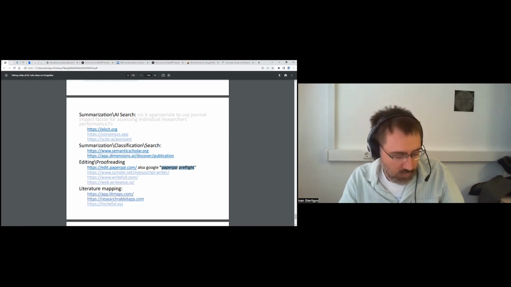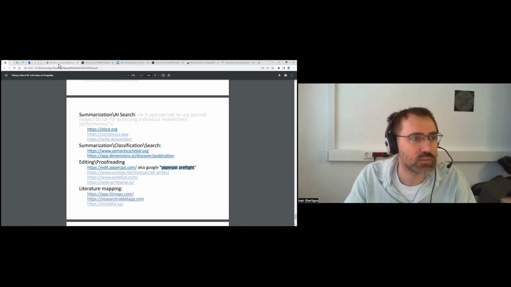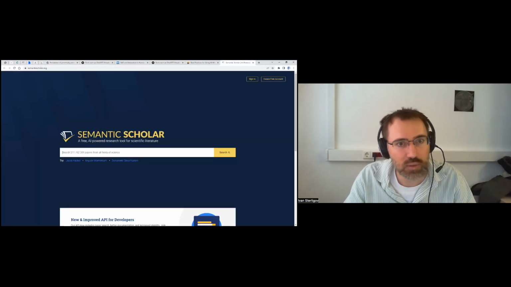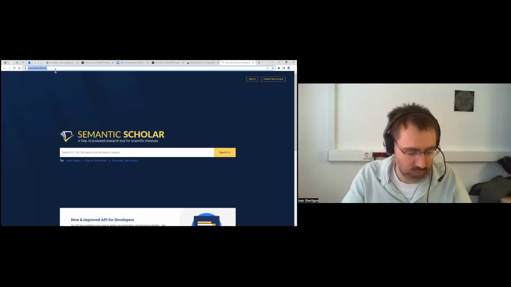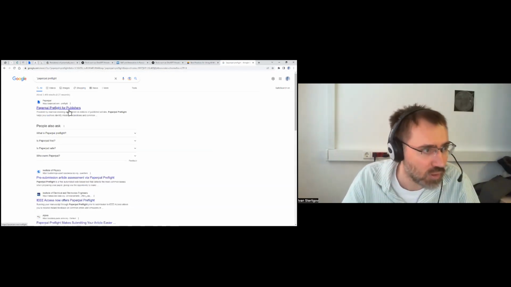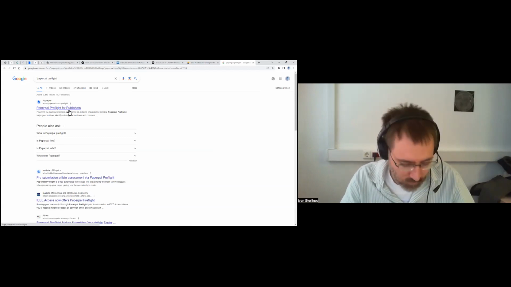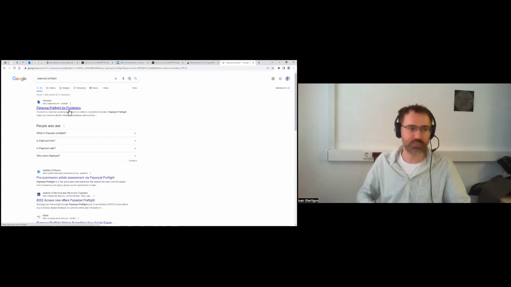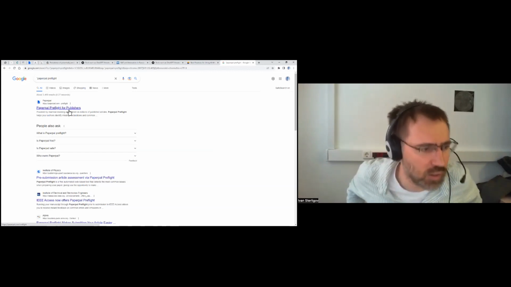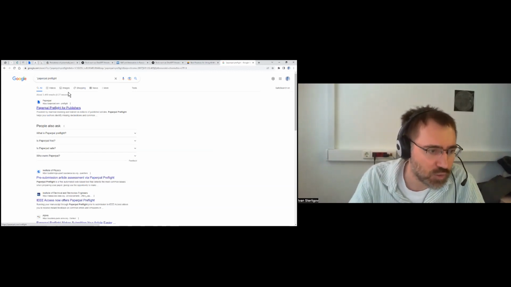Let's Google PaperPal Preflight. Some of you might have heard something about this Preflight. What is this? It's a tool for checking your submissions before submitting them. And it is used by many top publishers.